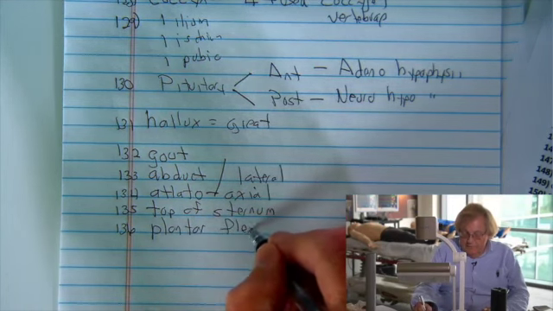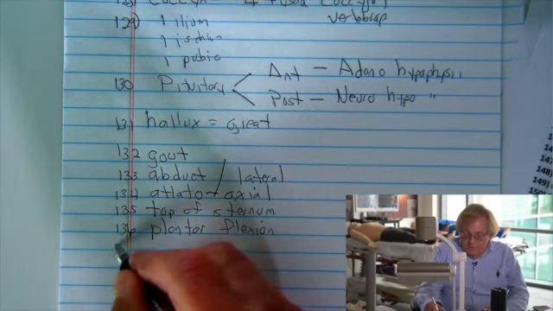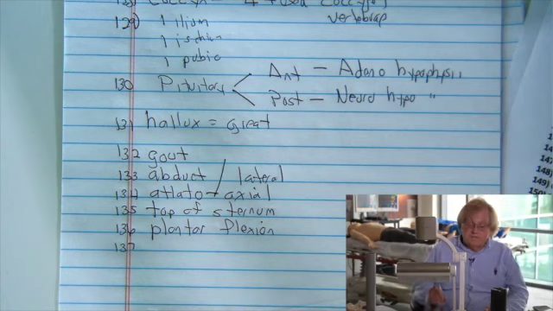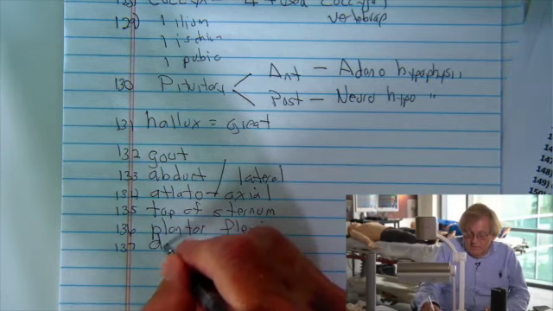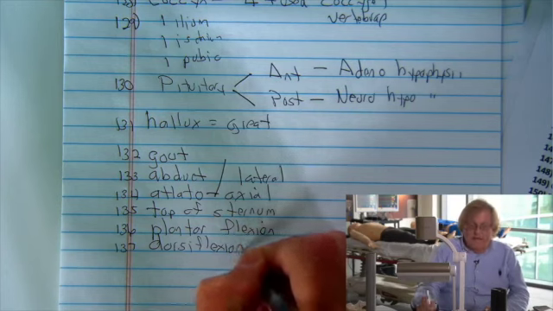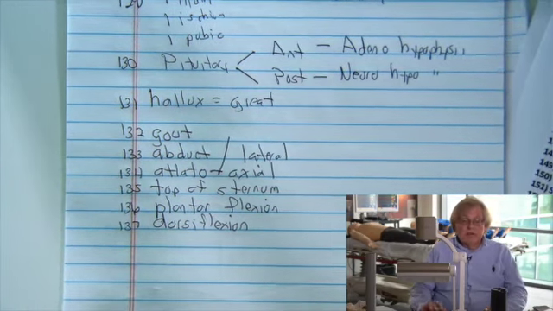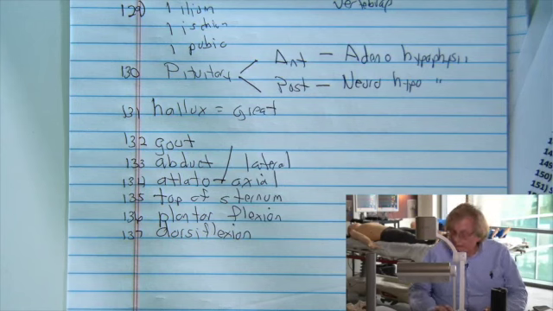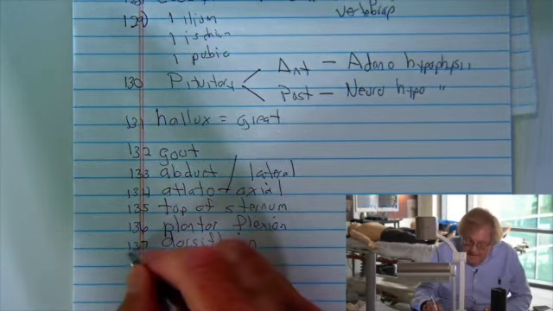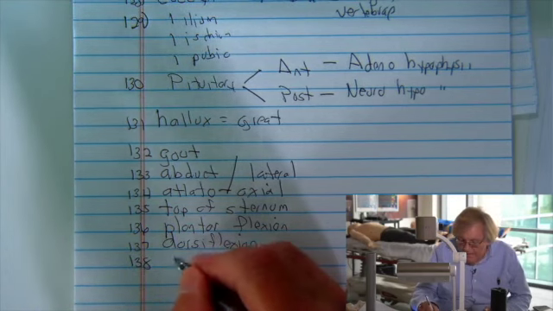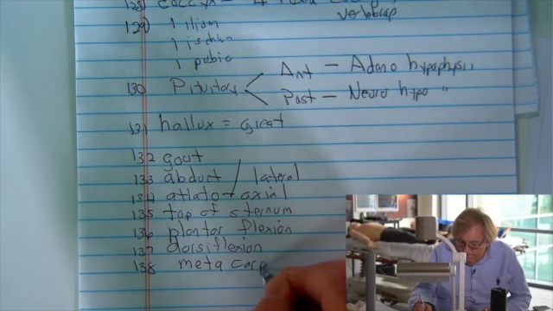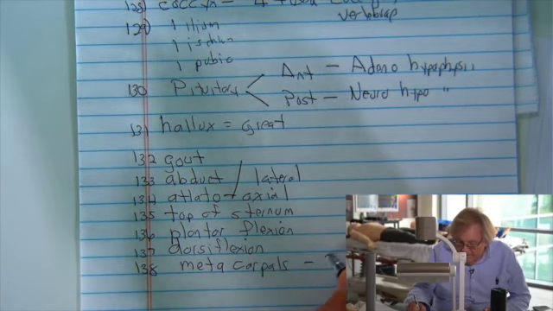Always think of a ballerina standing on her toes. 137, standing on my heels. That's called dorsiflexion. When I'm in the anatomical position, I'm actually dorsiflexing. 138 forms the palm. The palm of my hand is formed by my metacarpals. Remember, there's 5 metacarpals in each hand.